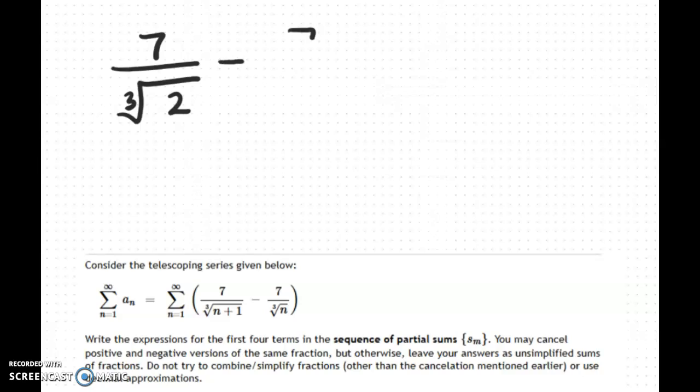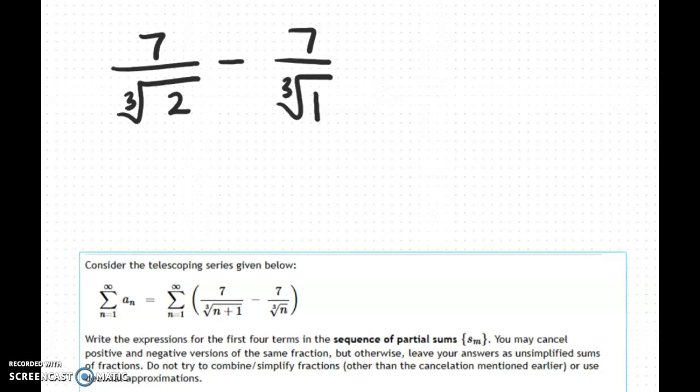And then 7 over the cubic root of 1, which is 1. Again, we don't have to simplify right now. We're going to see what's happening. And so I'd write this for s sub 1.